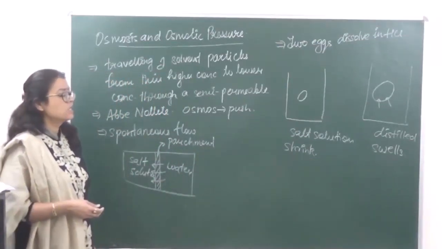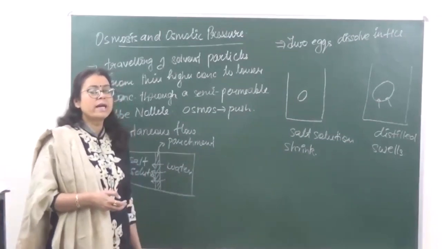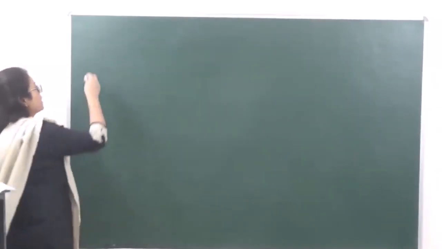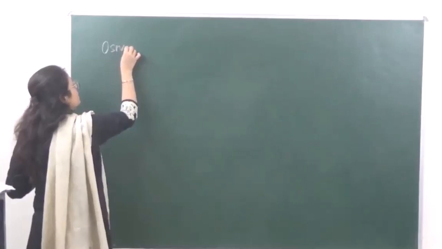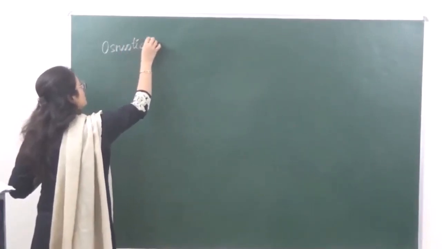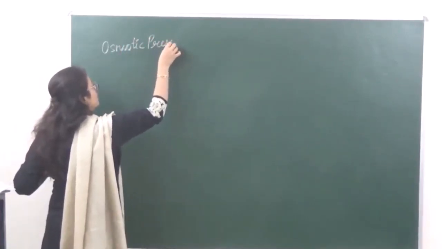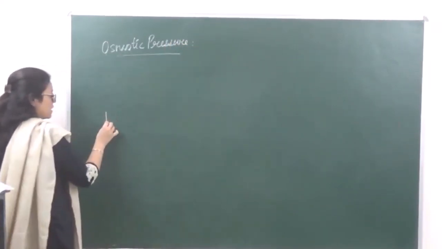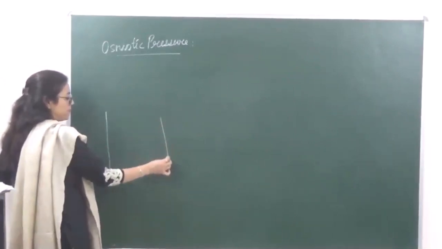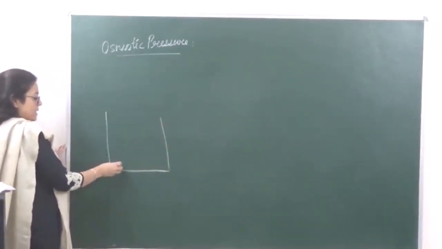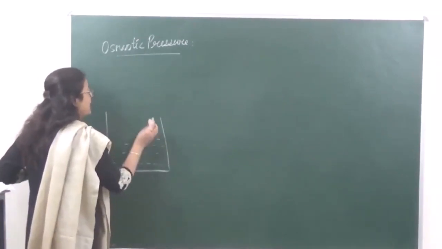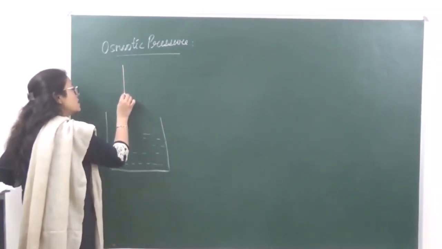Then from osmosis we get another term which is known as osmotic pressure. Let's understand what is osmotic pressure. To understand this, let's take one beaker which has distilled water. Right? And we invert a thistle funnel in it.